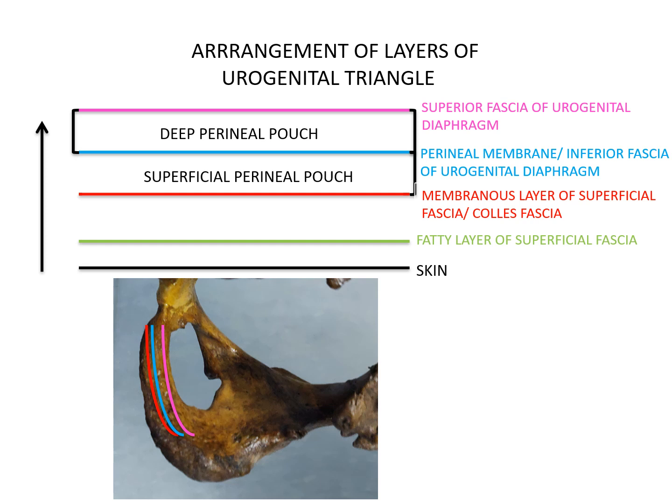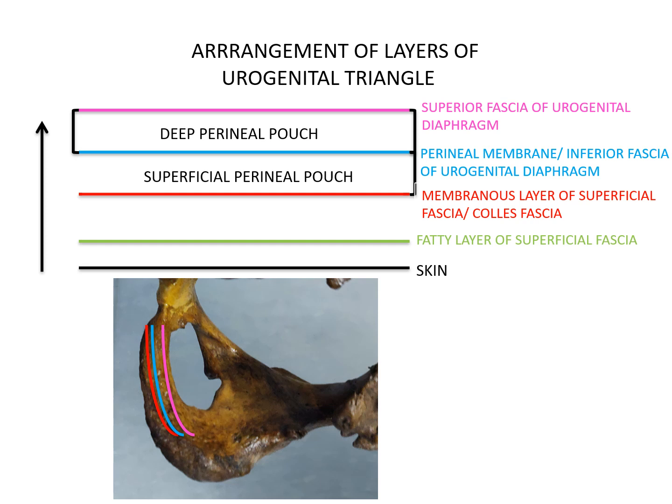The perineal membrane is attached to the inner surface of the ischiopubic rami. The blue line indicates the attachment of the perineal membrane. The superior fascia of the urogenital diaphragm is attached to the upper margin of the ischiopubic rami. The pink line indicates its attachment.